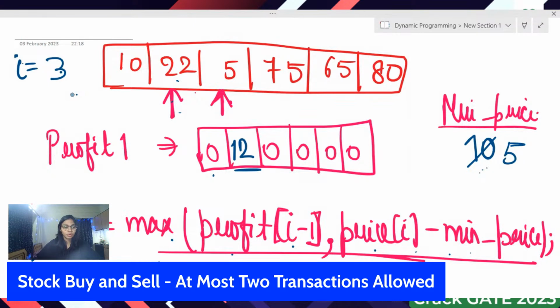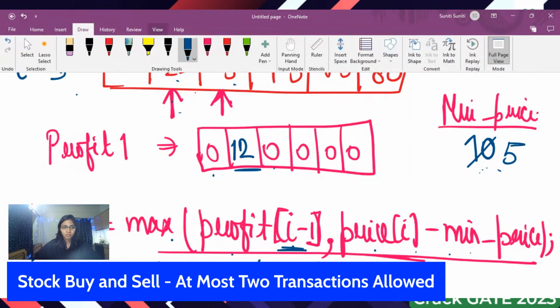Now we need to update the table as well. What are the two values that you need to compare? Profit at I minus 1, which is 12, and price of I, that is 5, minus minimum price, that is 5. 5 minus 5 is 0. So again the comparison is between 12 and 0. What is the maximum of these two?